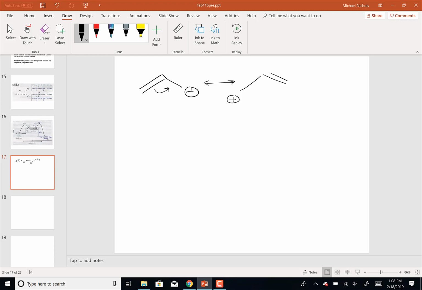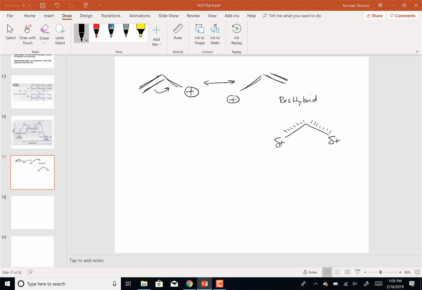And then the resonance hybrid would be averaging the bonds and averaging the charges. So in this case, this is a double bond and a single bond, average, partial double. Single bond, double bond, partial double bond.